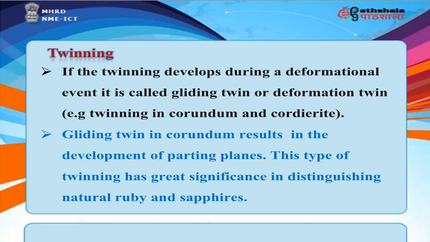If the twinning develops during a deformational event, it is called a gliding twin or deformation twin. Example, twinning in corundum and cordierite. Gliding twin in corundum results in the development of parting planes. This type of twinning has great significance in distinguishing natural ruby and sapphires.